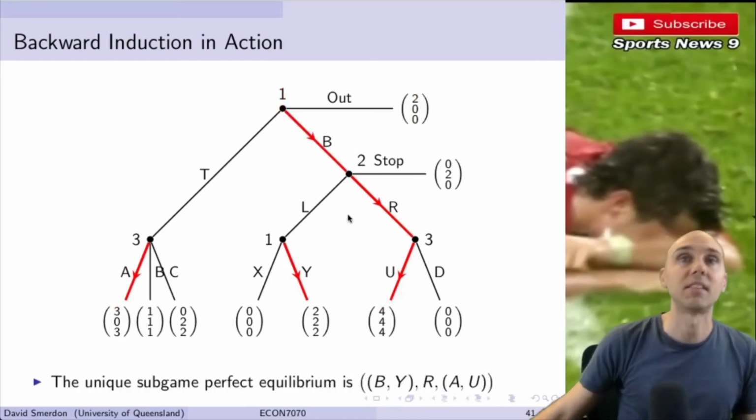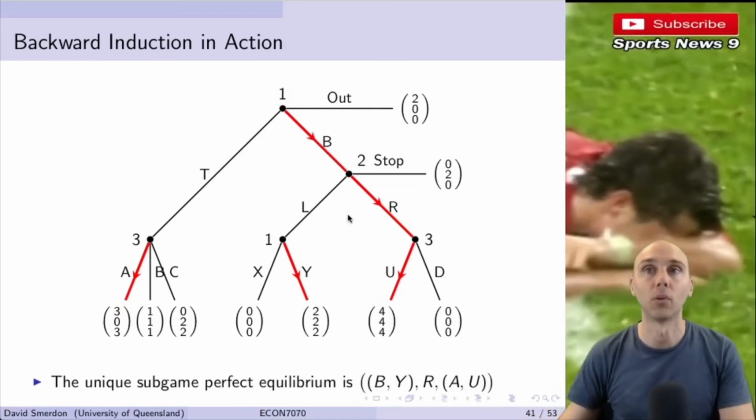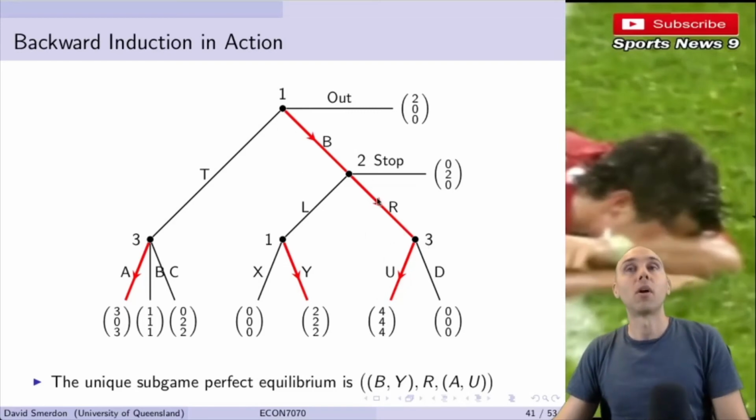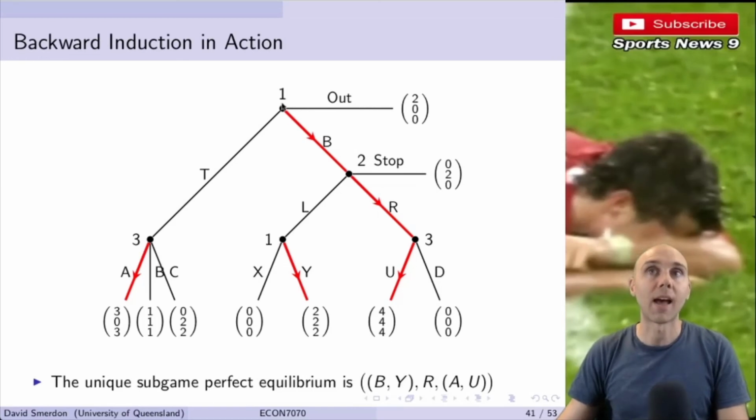And that gives us the unique subgame perfect equilibrium here, which is player 1 plays B, player 2 plays R, and player 3 plays U. Now that's the path that we go down, but it's not enough to just know what is actually played.